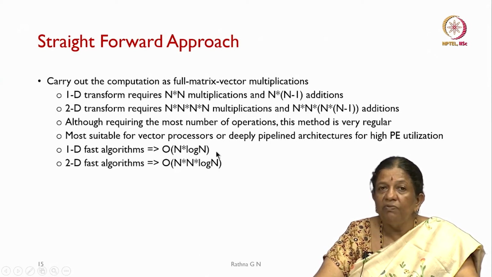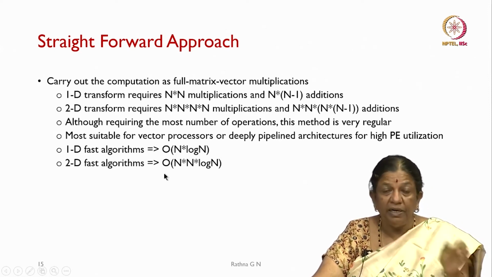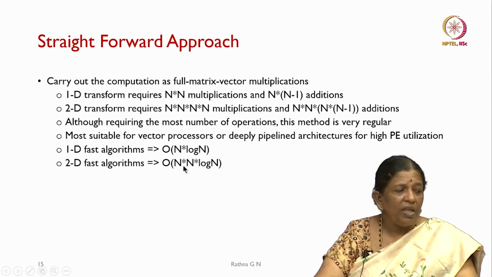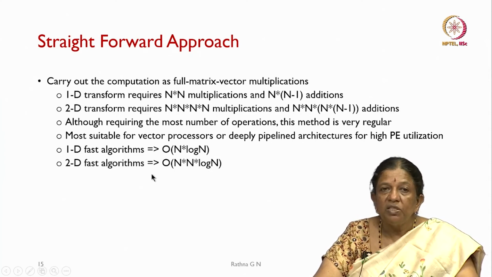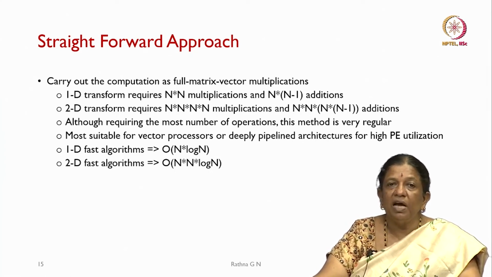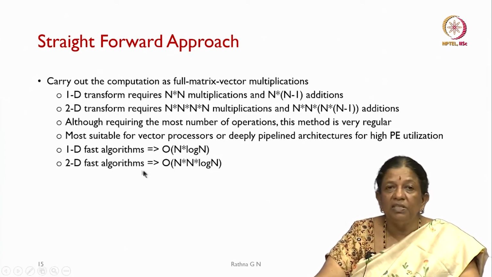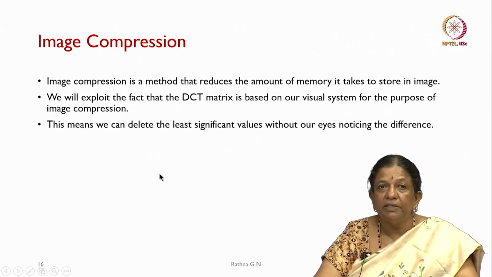Whereas a 2D fast algorithm can be incorporated in order of n into n log n, that is order of n squared log n, if we are doing the 2D algorithm directly. One of the applications I will show later is how this can be incorporated.